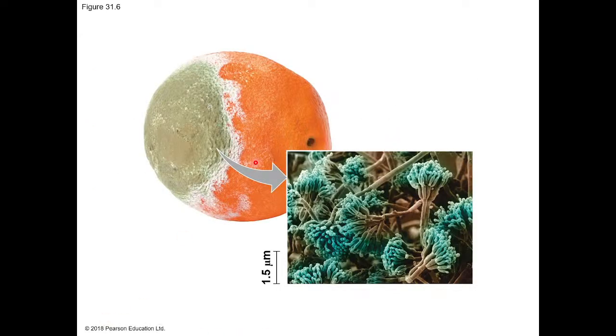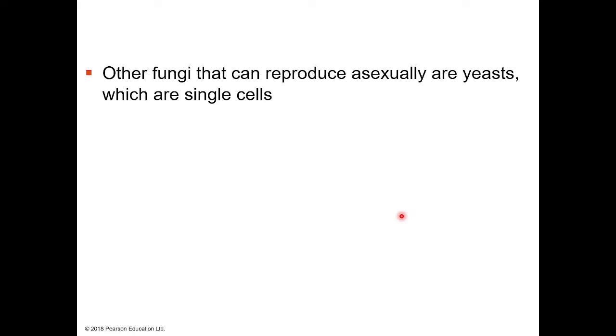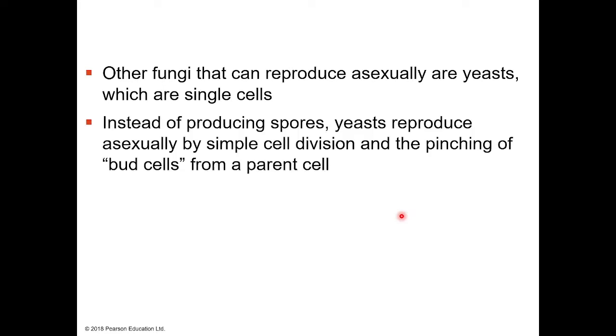All right. I'm sure you have seen orange going bad. So this is all fungi. And if you take samples from this part and investigate under microscope, this is what you will see. Other fungi can reproduce asexually, or yeast, which are single cells.